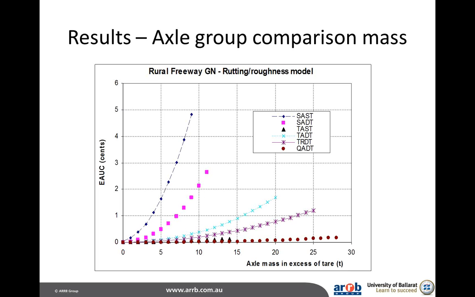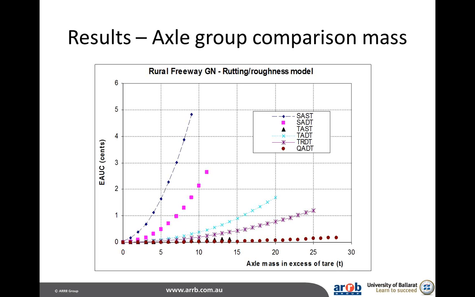At the opposite extreme, we have down the bottom here our quad axle dual tyre axle group, which as it gets loaded above tare, it increases very slowly. And also you can see from the gradient that the marginal cost does not increase very quickly.